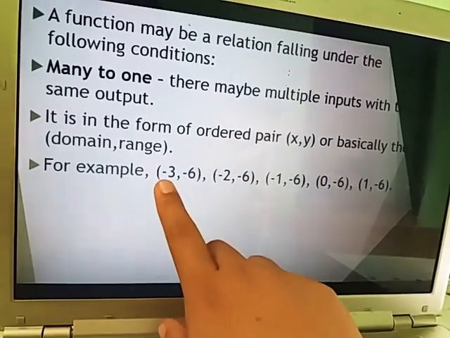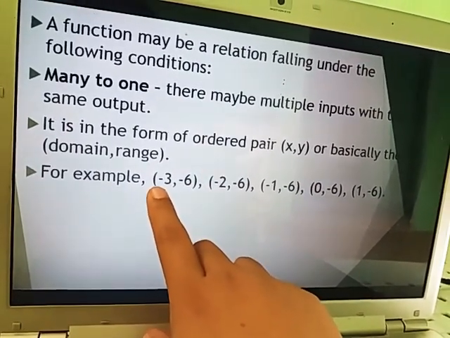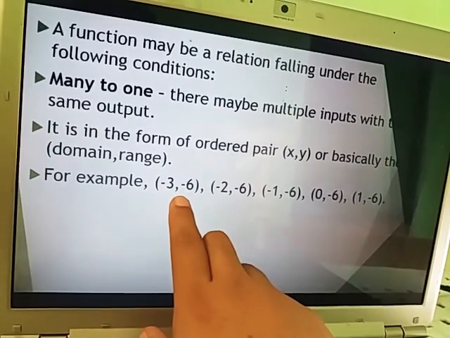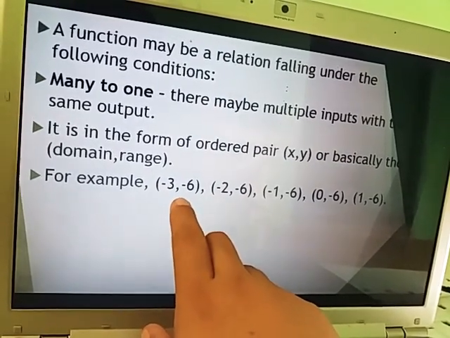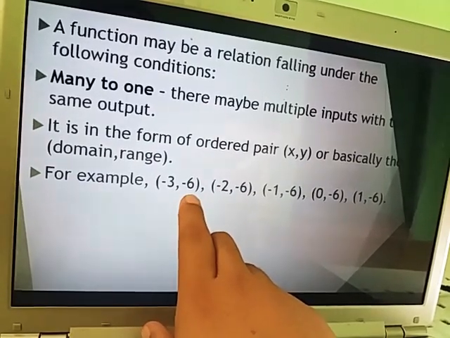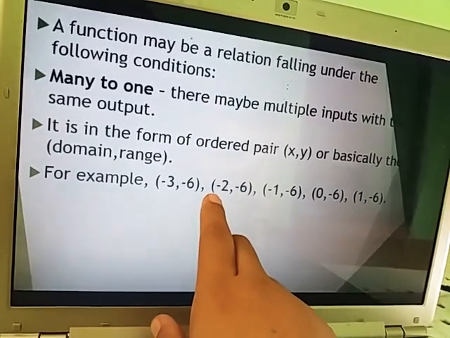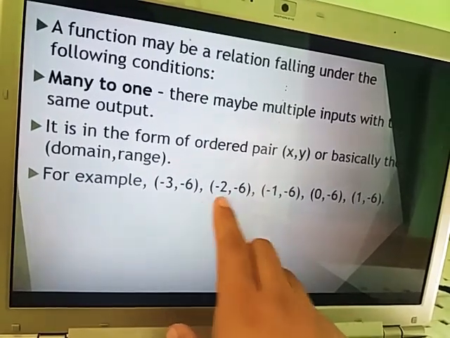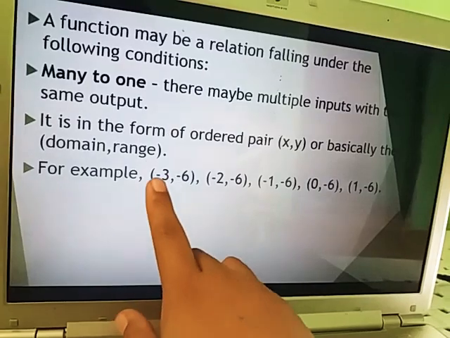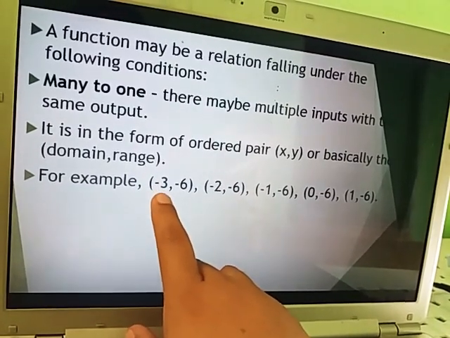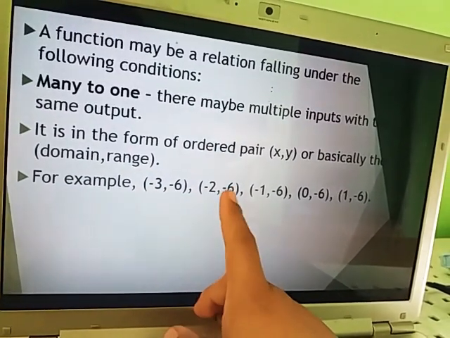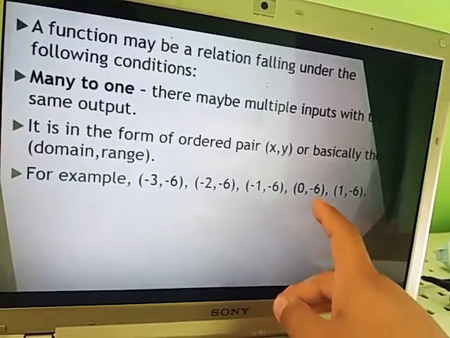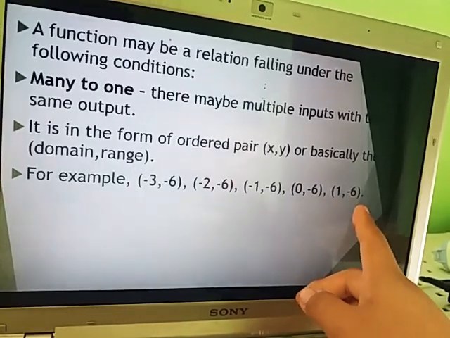Pag ordered pairs, sinabi ko na dati, we are going to use parentheses. Wala pong space dito sa loob. -3, kuwit, -6. Walang space. Dito po ang may spacing. After the comma, there is a spacing here. Okay, so we have (-3, -6), (-2, -6), (-1, -6), (0, -6), and (1, -6).